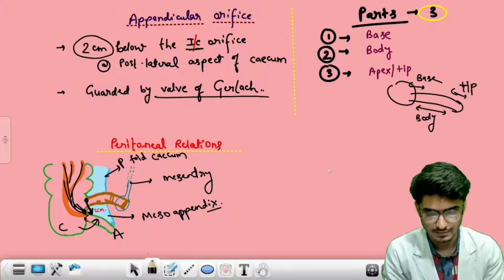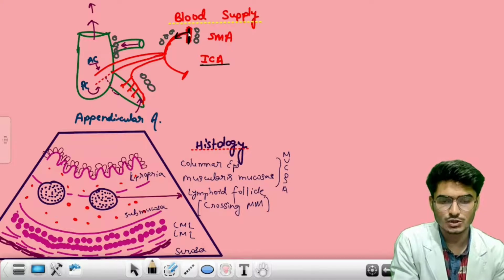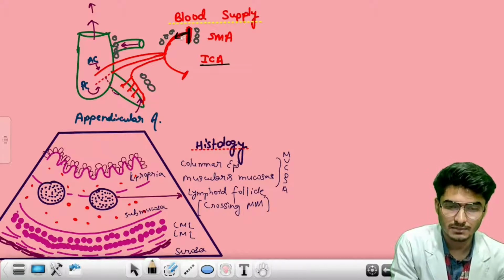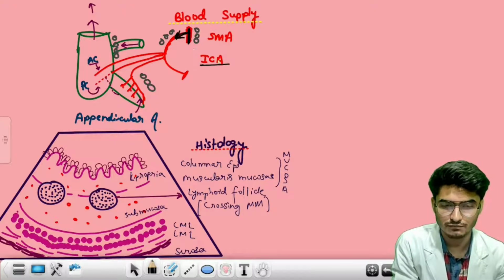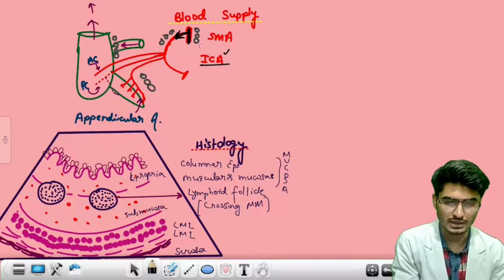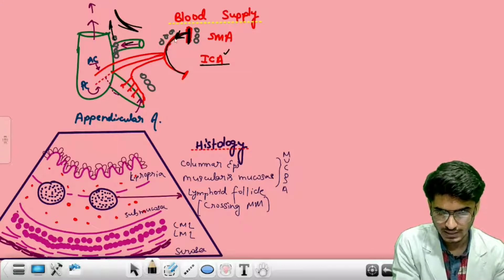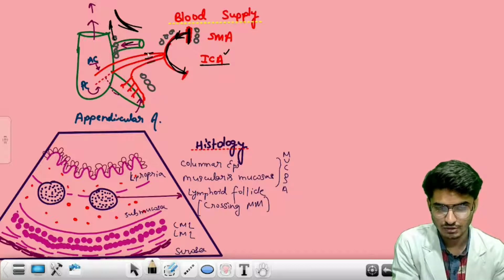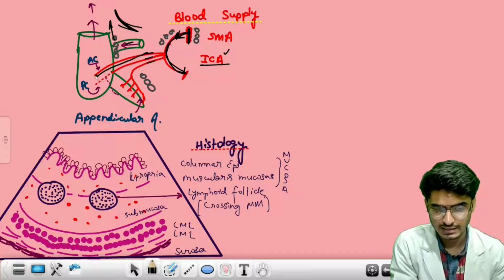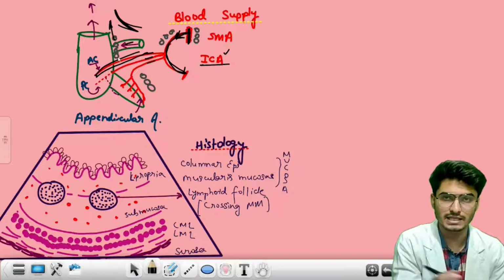That is the superior mesenteric artery, and it gives a branch, the ileocolic artery. This artery gives 3 branches. One branch supplies the cecum anteriorly, called the anterior cecal artery.